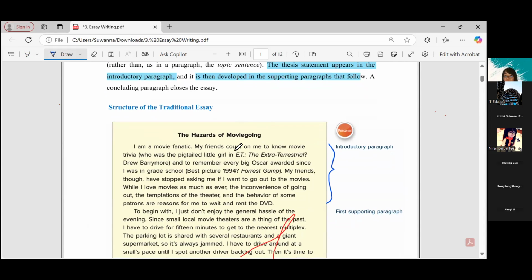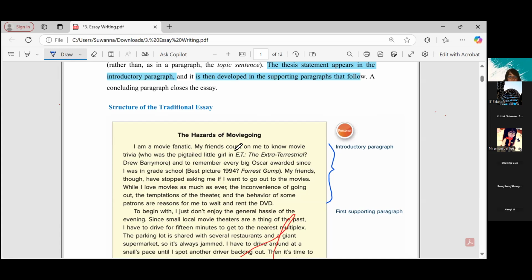My friends count on me to know movie trivia and to remember every big Oscar awarded. And the third sentence is even more attracting, right? My friends, though, have stopped asking me if I want to go out to the movies. Reading these three sentences prompted me to want to know the story further.